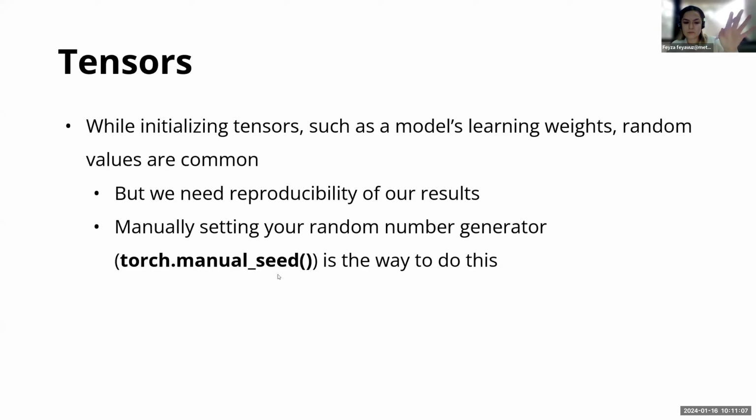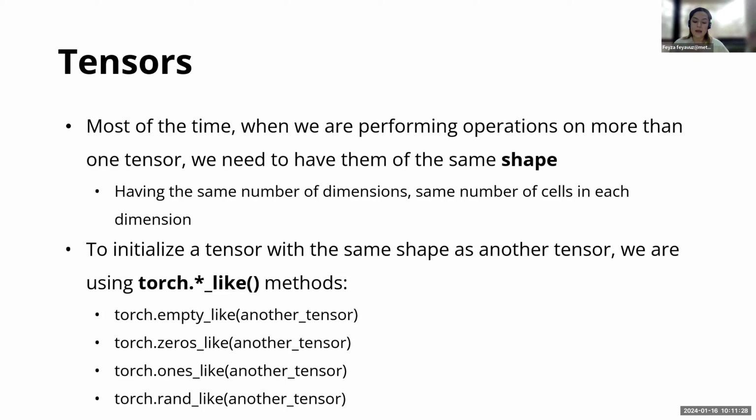And let's continue with another attribute of tensors, which is shape. In most cases, we need tensors of the same shape in order to perform some operations with them. For example, sometimes we need to add two tensors together or subtract two tensors. And to initialize a tensor with the same shape as another tensor, we use torch._like methods, such as empty_like, zeros_like, ones_like, or rand_like.